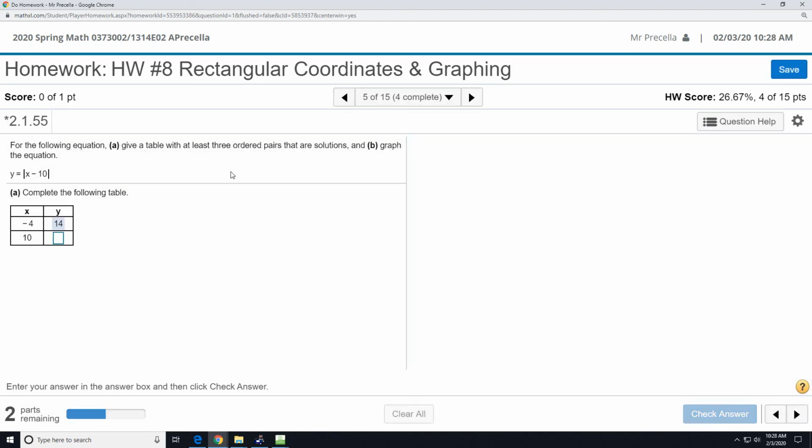Now the next one. You're plugging a 10 in for x. Oh, don't help me on this one. I think I can do it. Y equals the absolute value of 10 minus 10, which would just be 0.